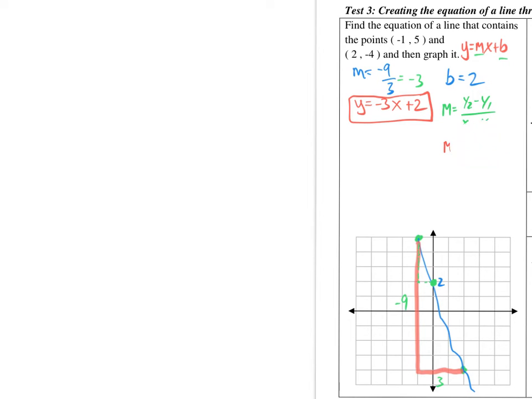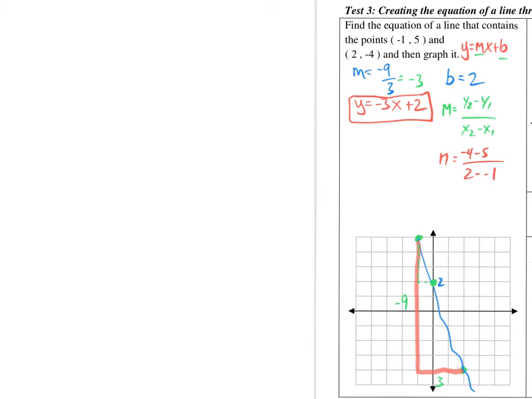I did that wrong. Whoa, that did a kind of big erase. That's x2 minus x1. And I did m equals, what's my y2? Isn't my y2 -4? My y1's 5. So that's going to be -4 minus 5 over 2 minus negative 1.